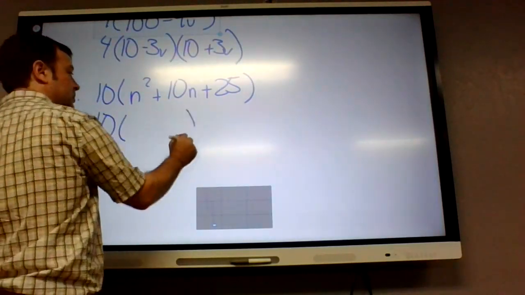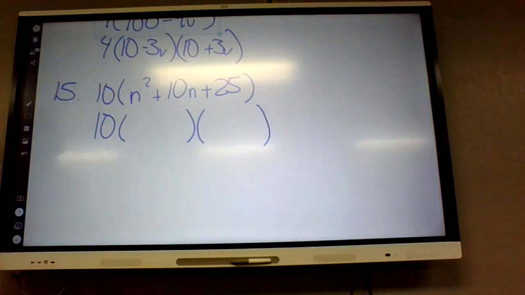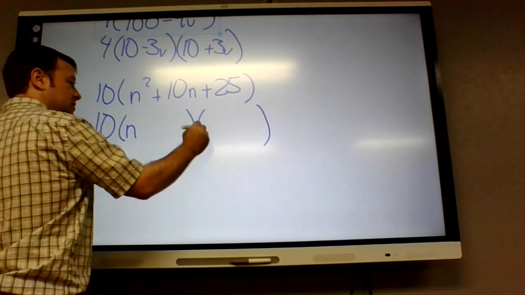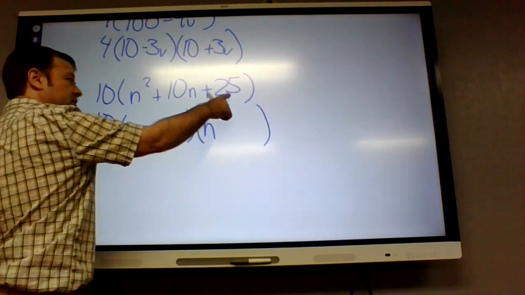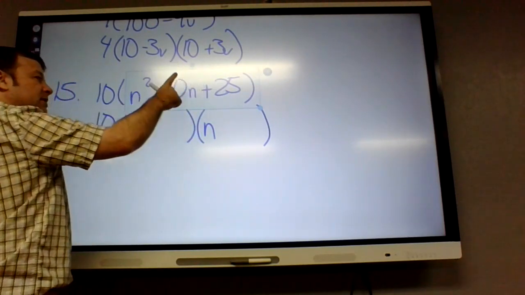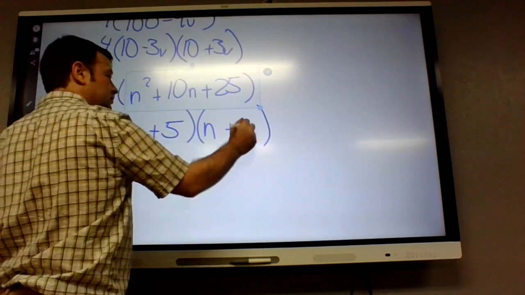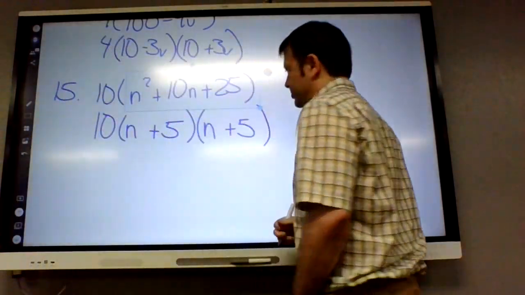Okay, in parentheses, we have a 3-term factoring, not a square minus a square. So what goes in the front? What goes into n squared? n times n. What goes into 25? In this case, we'll always also add up to 10. You guys know how the book would write this one?